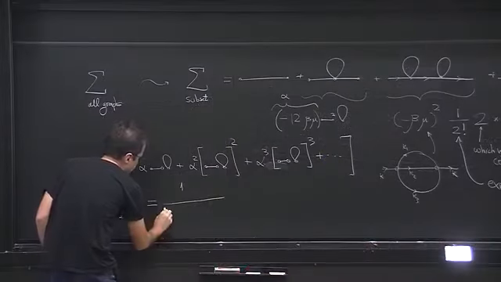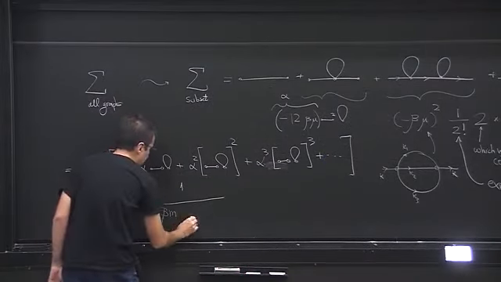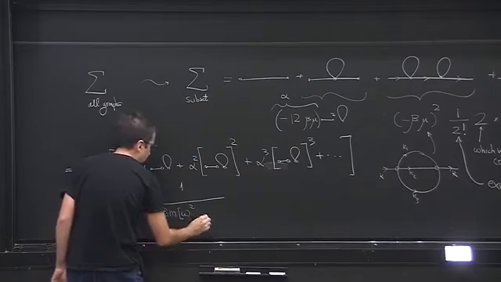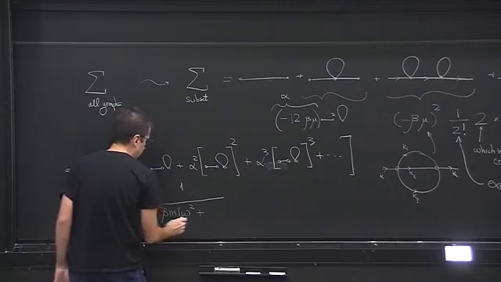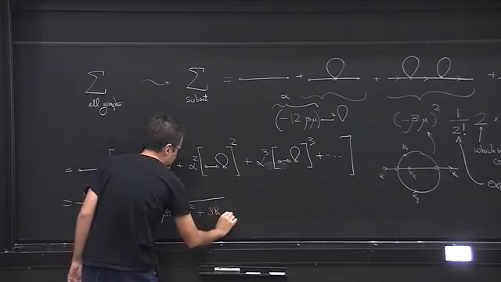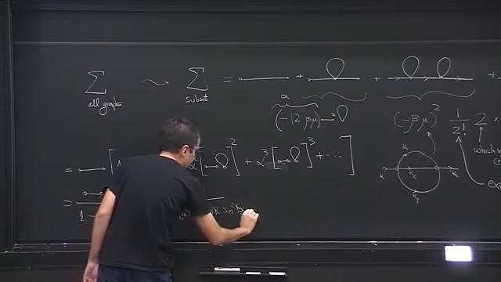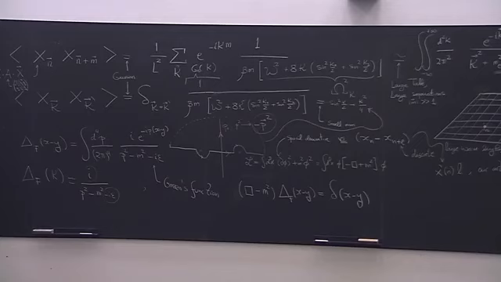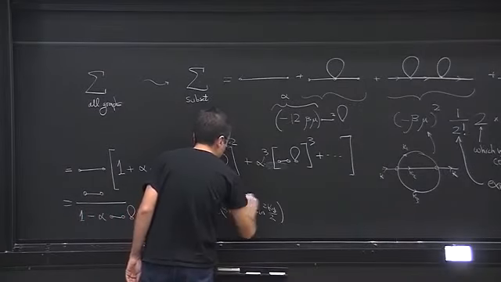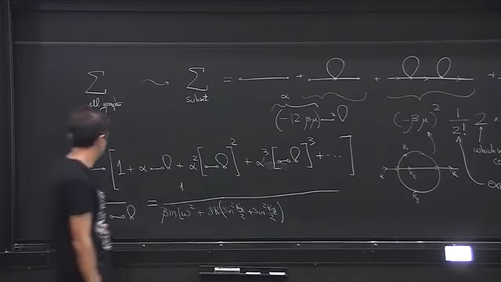Well, let's write it explicitly: 1 over beta m omega k square, which is omega square plus 8 kappa times sine square of kx over 2 plus sine square of ky over 2. Notice that this is the first time we are specifying to our theory; up to now it was totally general for any Gaussian theory.